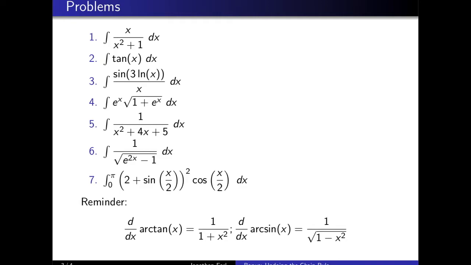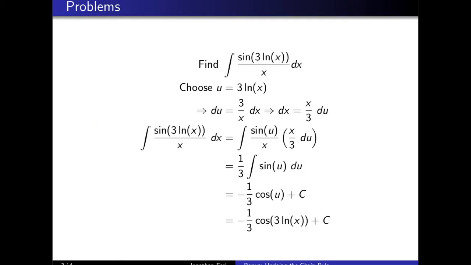Okay, so the next one we want to do is sine of 3 natural logarithm of x. So if we do this, there's maybe not an obvious thing to do initially, but what I'm going to propose is that we use u equal 3 natural logarithm of x. So that way when we do that, we get our du is going to be equal to 3 over x dx.